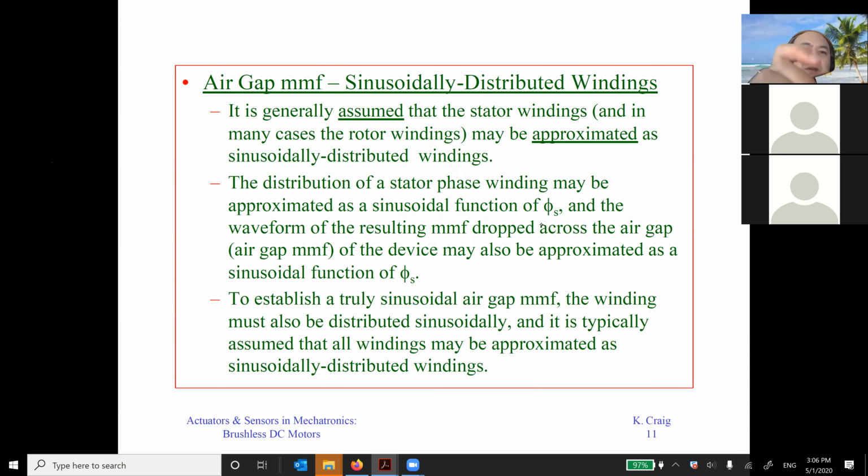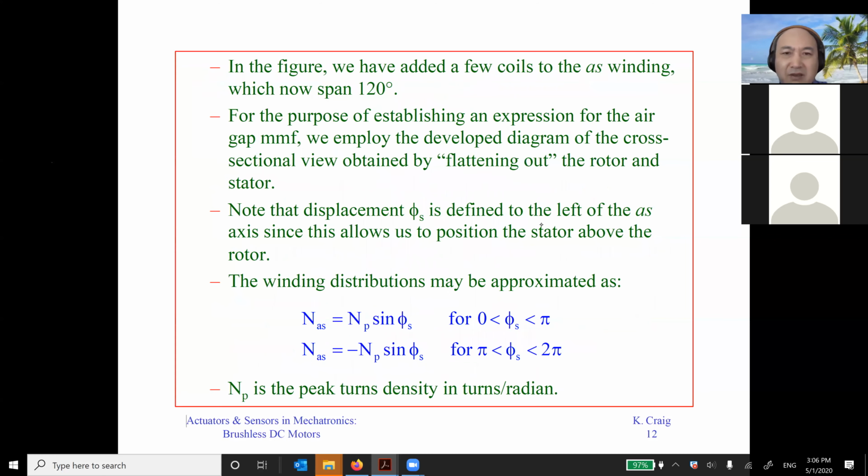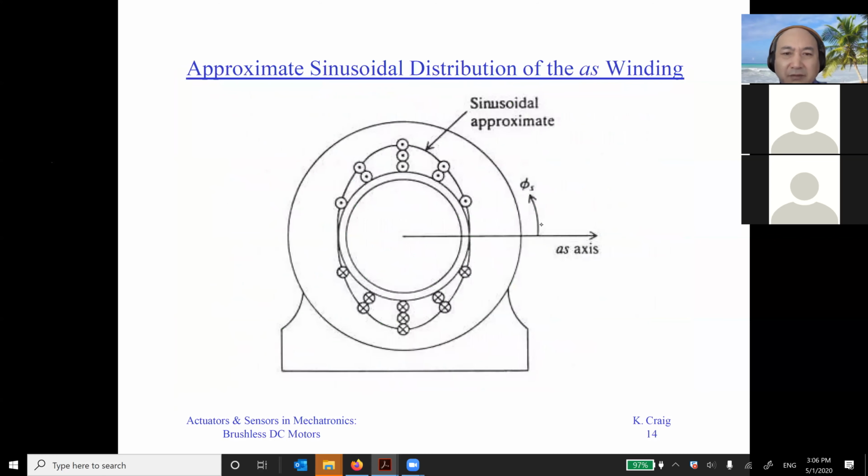To generate an air gap magnetic motive force, the stator winding is approximated as sinusoidally distributed windings. Let me show you the picture. Some places you have more, some places you have less.